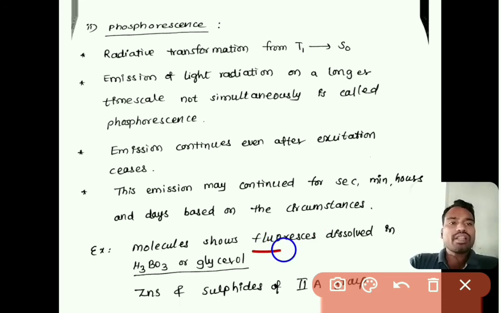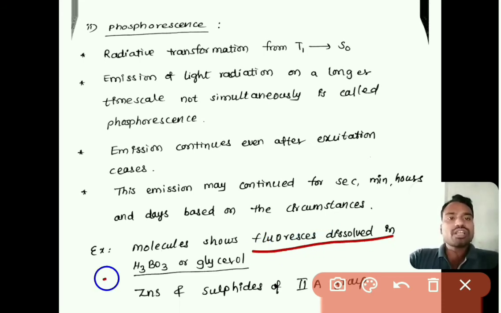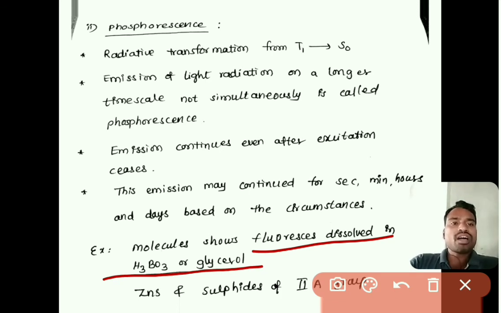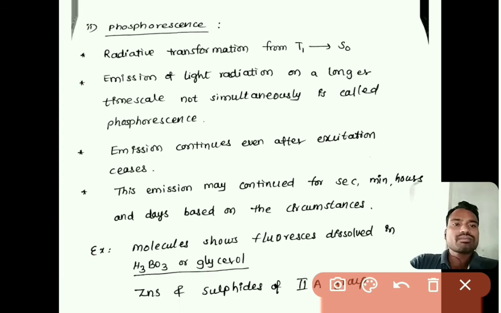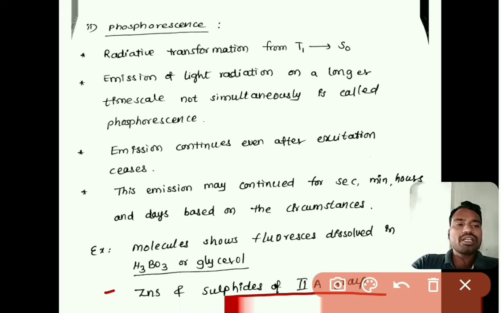So all the fluorescent materials dissolved in H3BO3 or glycerol show phosphorescence. Also zinc sulfide, ZnS, as well as sulfides of second group A elements, that is calcium sulfide and magnesium sulfide, also show phosphorescence. So these are the examples of phosphorescence.